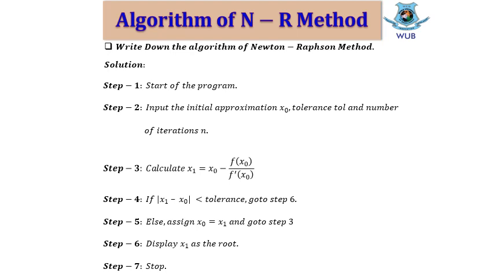Otherwise, you have to swap the values of x0 and x1 and repeat the steps until you get your required root. Okay, now go to our programs which I have given for you so that you can do the program easily and understand it.